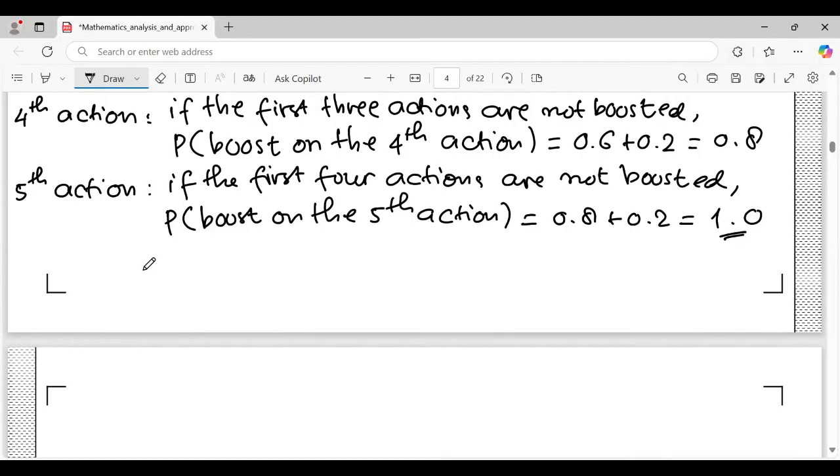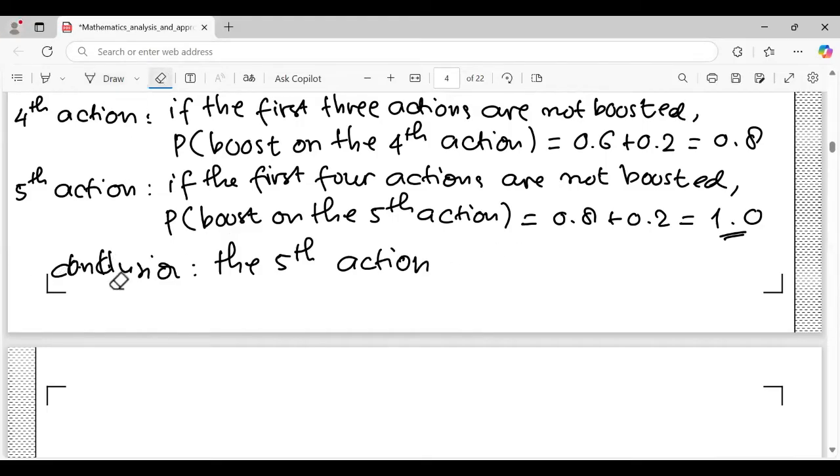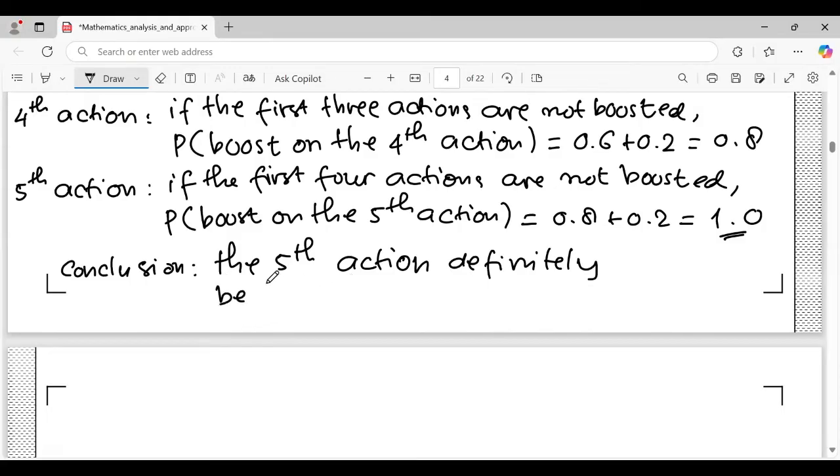It means the conclusion: the fifth action will definitely be boosted.